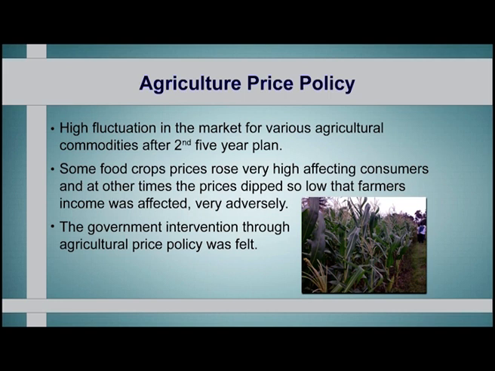Some food crop prices rose very high, affecting consumers, and at other times the prices dipped so low that the farmers' income was affected very adversely. Thus, intervention through agriculture price policy was felt very urgently to avoid a bad law and order situation.